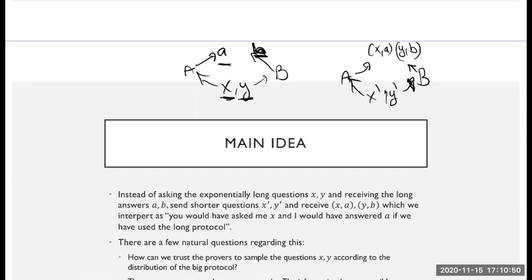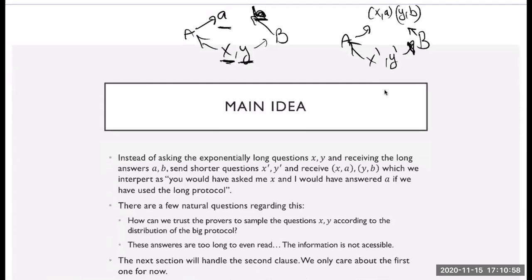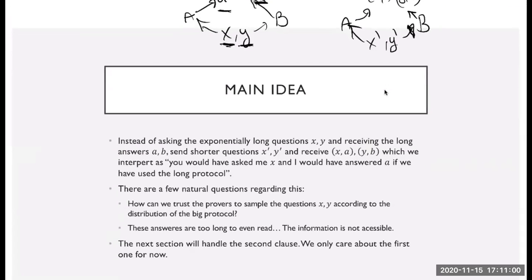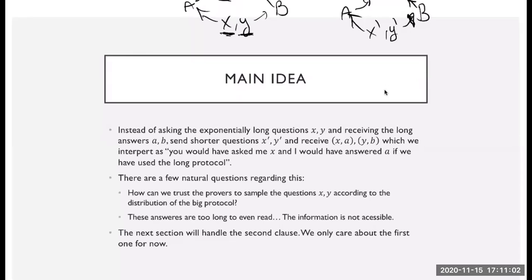Okay, so in some sense, you delegate the sampling to the provers, but you need to check two things. If you delegated the sampling to the provers, you need to check that they actually sample from the correct distribution, right? So there is the distribution of questions of the large protocol.